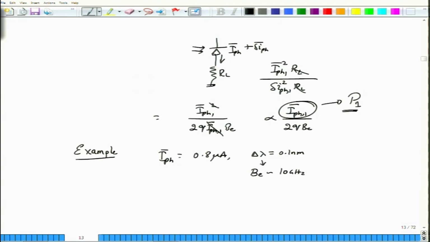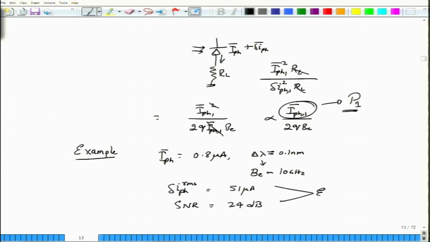This is not exactly 0.1, slightly less than that, but anyway, this is approximately 0.1 nanometer, and this is approximately 10 gigahertz. If you assume that this is the electrical bandwidth B_E, calculate what would be the RMS value of the shot noise, and this RMS value will be approximately 51 microampere, and also calculate the signal to noise ratio, which will turn out to be 24 dB.